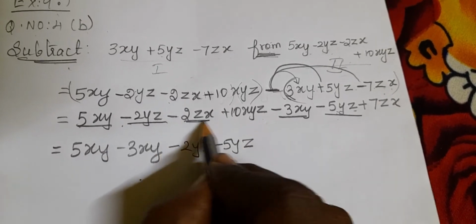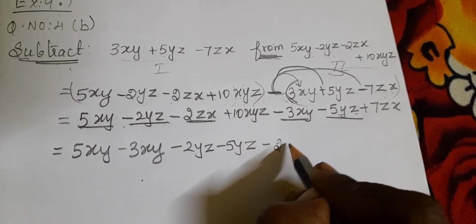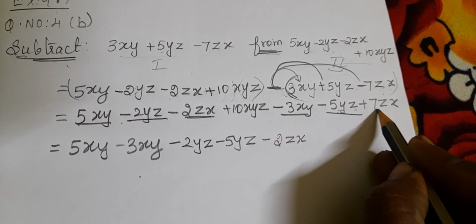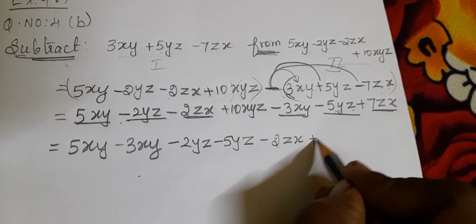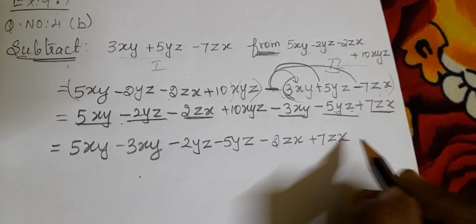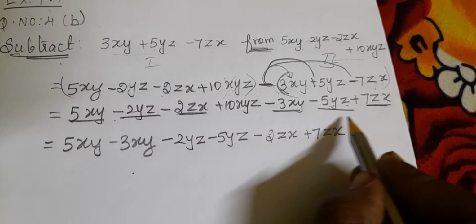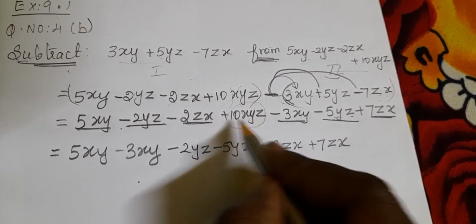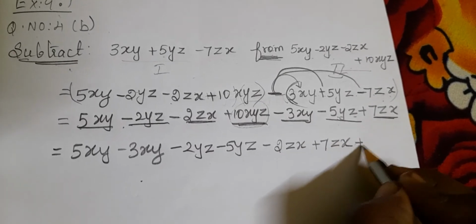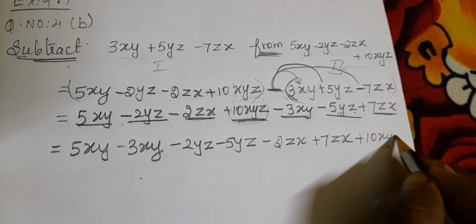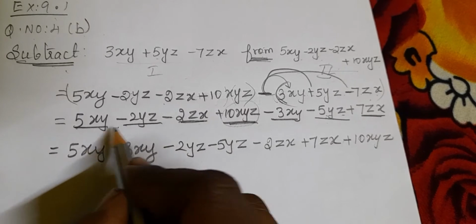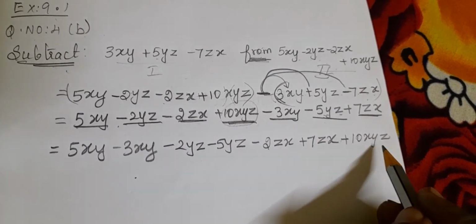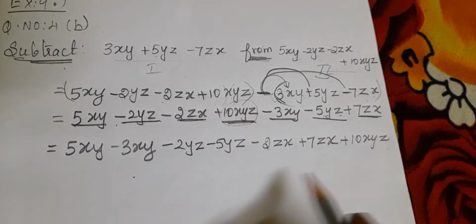Next, zx term. Minus 2zx. Yes, this is also a zx term, plus 7zx. Is there any term left? Yes, here one term is alone, that is plus 10xyz. There is no other xyz term. This term is alone, a single term, so we will write it at the end.